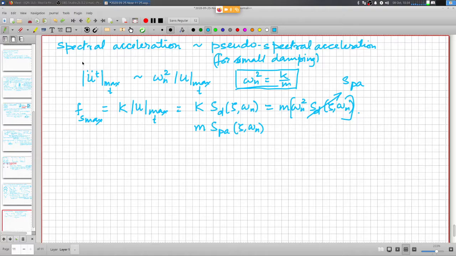So this I can also substitute as m times SA. Right? So many times you will find these two terms, pseudospectral acceleration and spectral acceleration, being used synonymously in design codes, because for the usual values of damping they are almost indistinguishable numerically, although conceptually they are different.